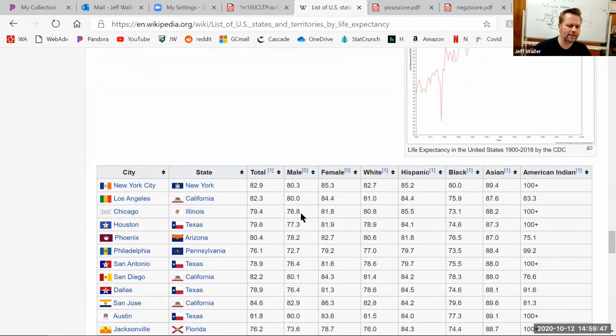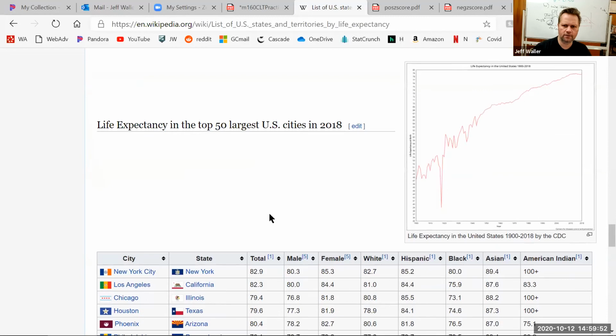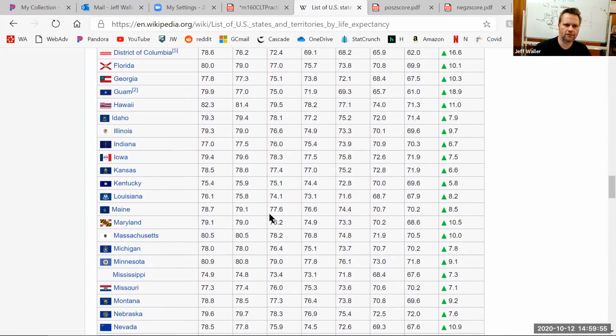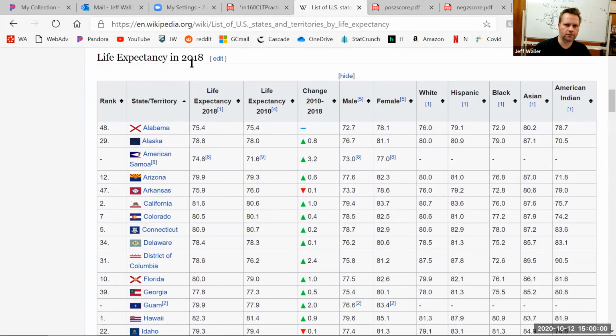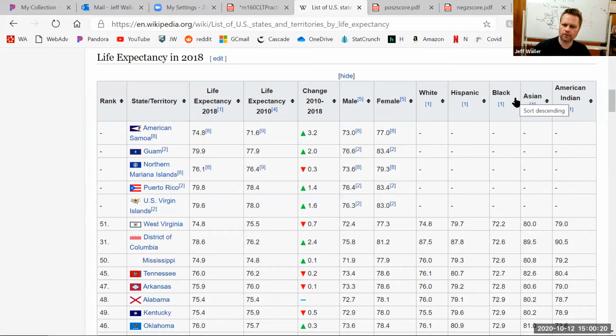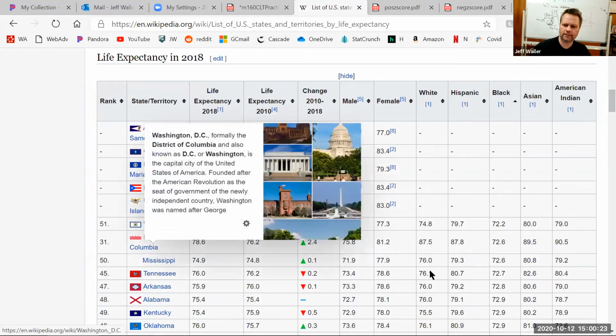This is by state. So California, oh, where am I at? Here we go. In 2018, California, we were ranked number 2 overall. What's really kind of sad is look at the disparity between the different races. Look at how spread out those numbers are, right? And what's really interesting to me is look at DC.